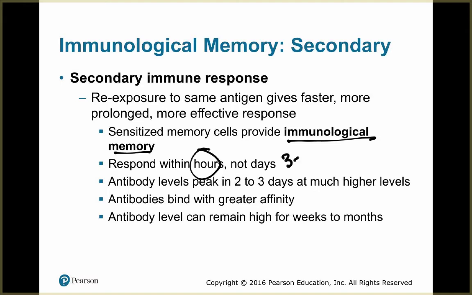It's not going to take the 3 to 6 days. The antibody levels peak in 2 to 3 days at a much higher level than the first time, not 10. The antibodies bind with a greater affinity, which means they attach to it and hold on to it better, and antibody levels can remain higher for weeks to months.